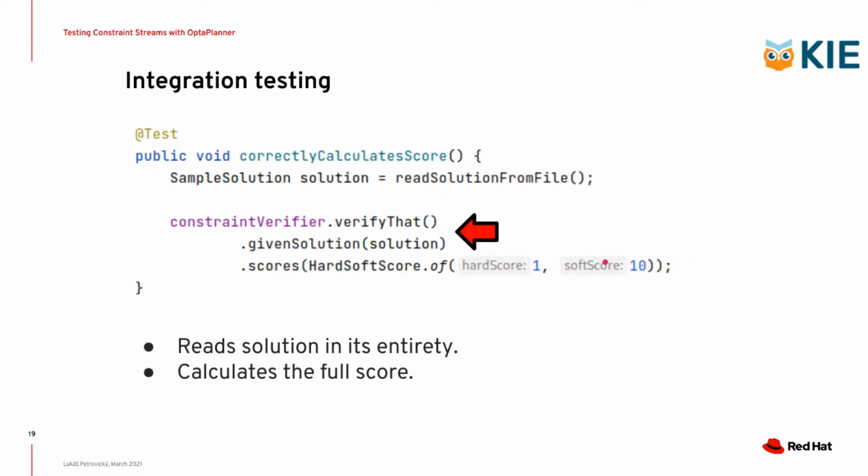And then you write a test that makes sure that given this solution, the score indeed is 1 and 10. So you now get to test both the dynamic constraint weight and the match weight over all the constraints there are in that constraint provider. So when this method finally passes, you know that you have a complete, well-integrated constraint provider that does what you expect it to do.